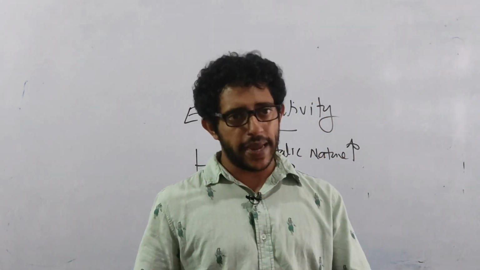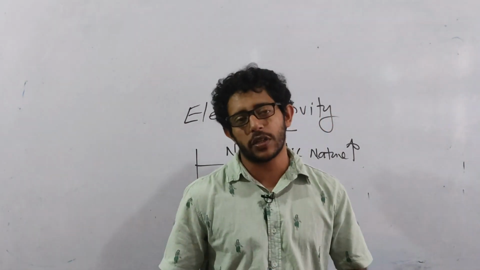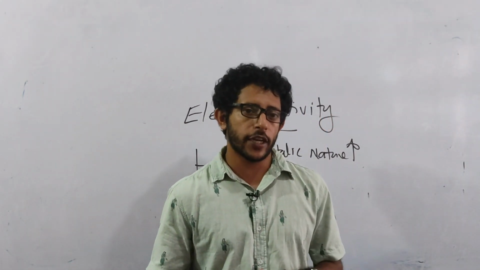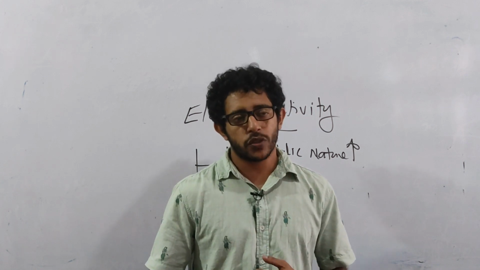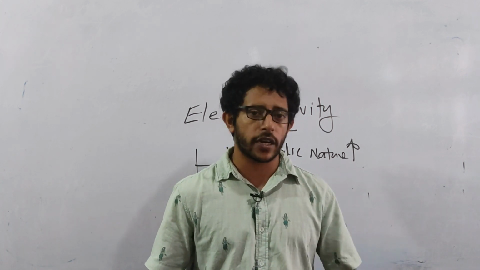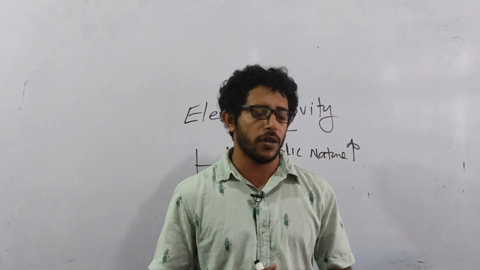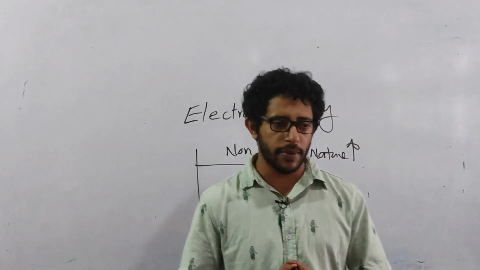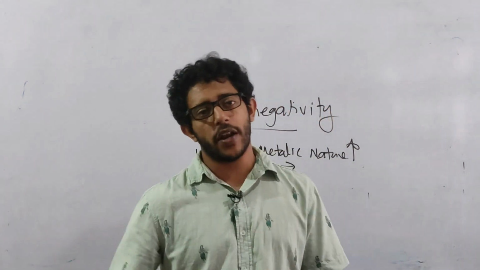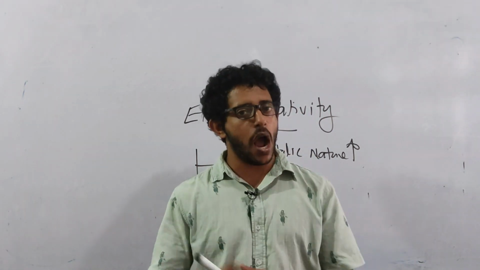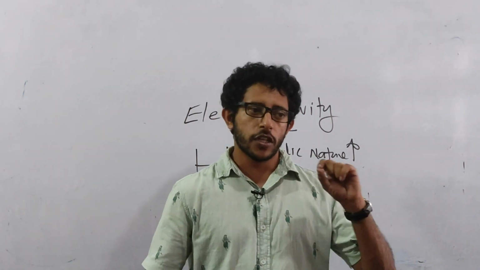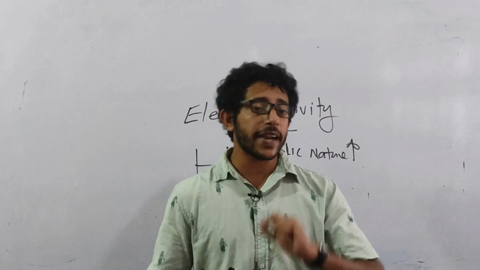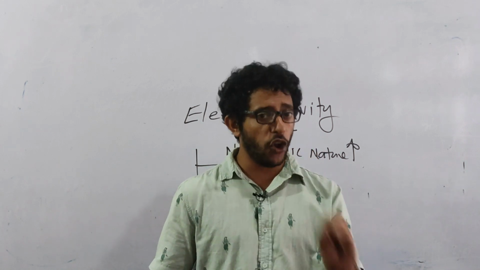Now group 8 elements, or group 0 elements, which we call the noble gases, do not tend to form compounds, so we can't define an electronegativity value for the group 8 or group 0 elements. So we don't have an electronegativity value for helium, neon, argon, krypton, xenon and radon. In that case, the highest electronegativity element is fluorine.